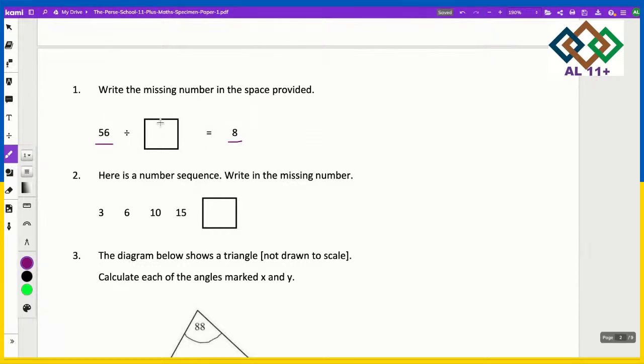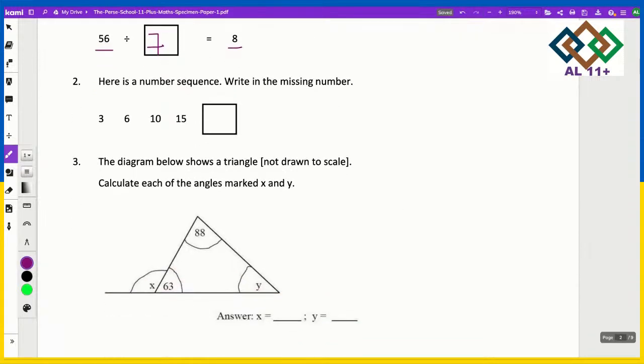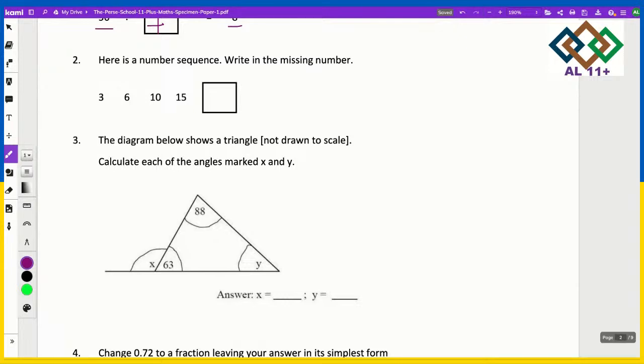So the answer for the first one is 7. The second one is a sequence, so you have to look at what's happening.